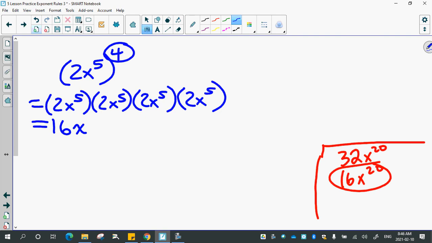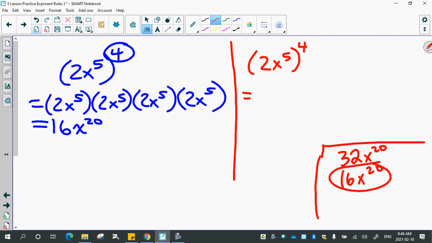I keep the base and add the exponents. So 5 plus 5 is 10, plus 5 is 15, plus 5 is 20. Now I also saw people doing this. They went 2 to the 4th, x to the 20th equals 16x to the 20th.